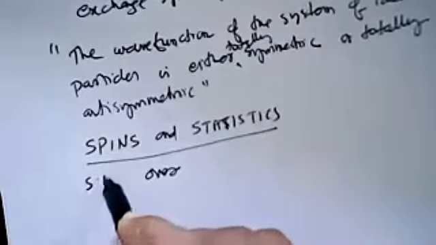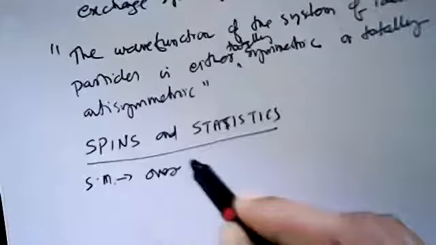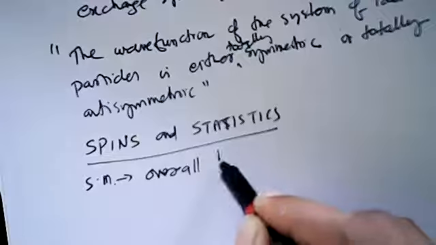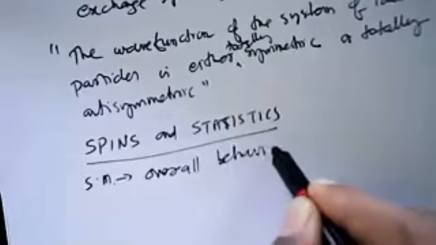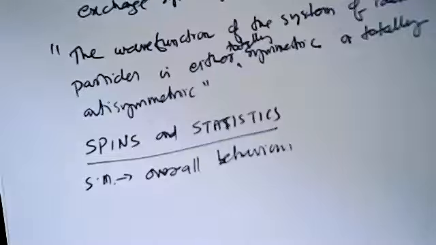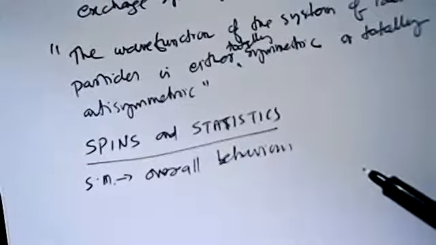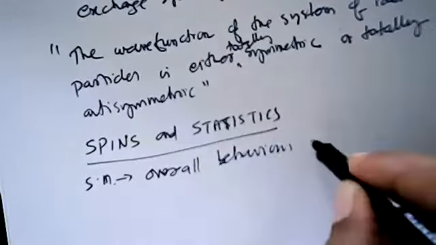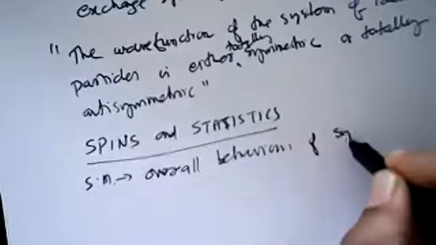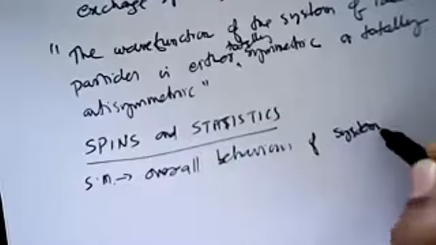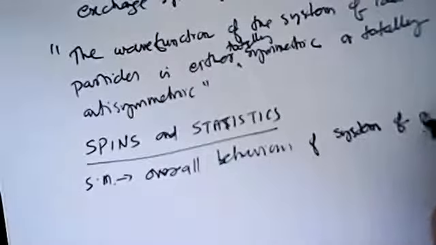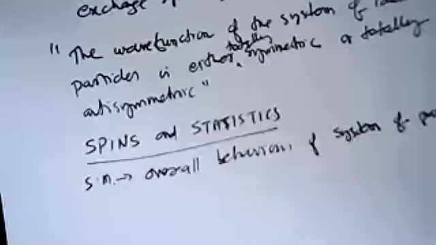Statistical mechanics deals with the overall behavior instead of individual particles. What is the collective property of the system? The overall behavior of a system of particles.